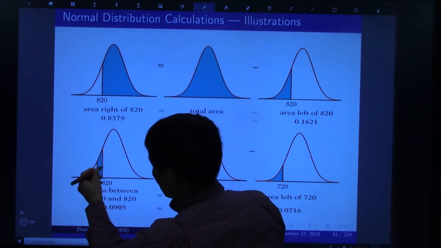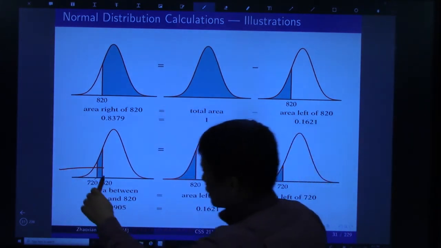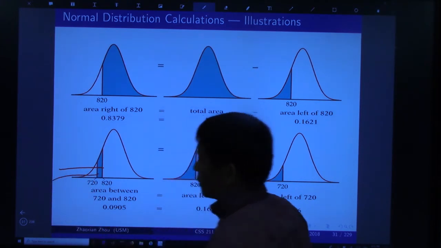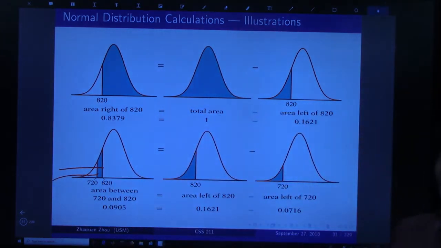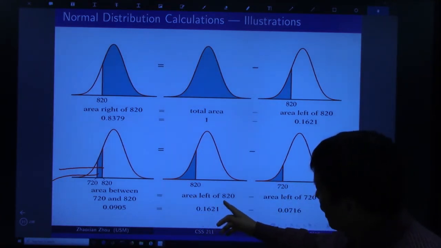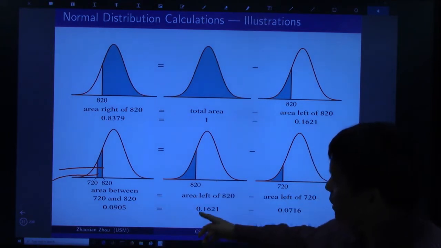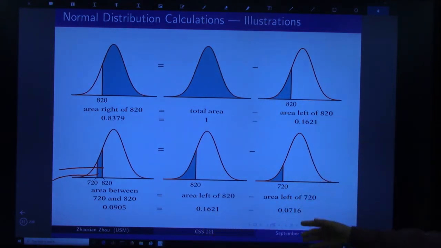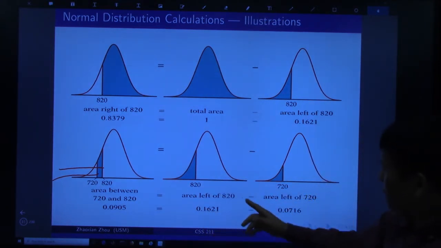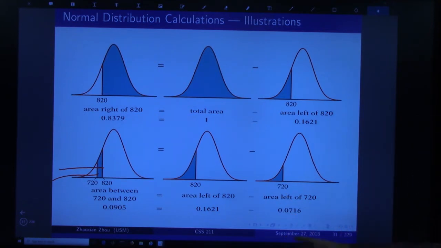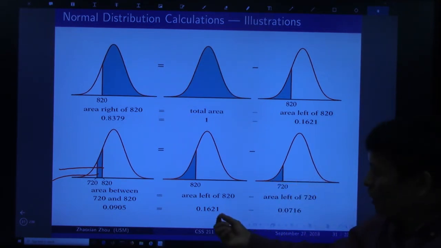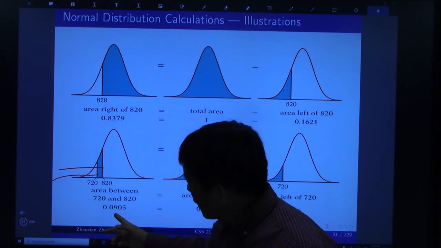So this one to the left, then minus from here to the left, gives us the area we are interested in. The area left of 820 in this example equals 16%, and the area to the left of the other value equals 7%. Then we subtract these two numbers and get the area, which equals 9%.